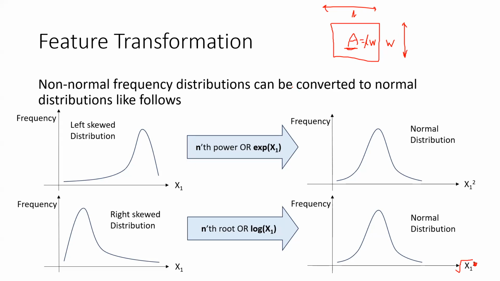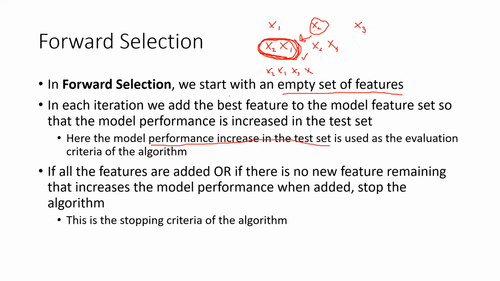Okay. So for example, let me go into the forward selection, right? Suppose that we start from here. Suppose there are four features, x1, x2, x3, and x4, right?